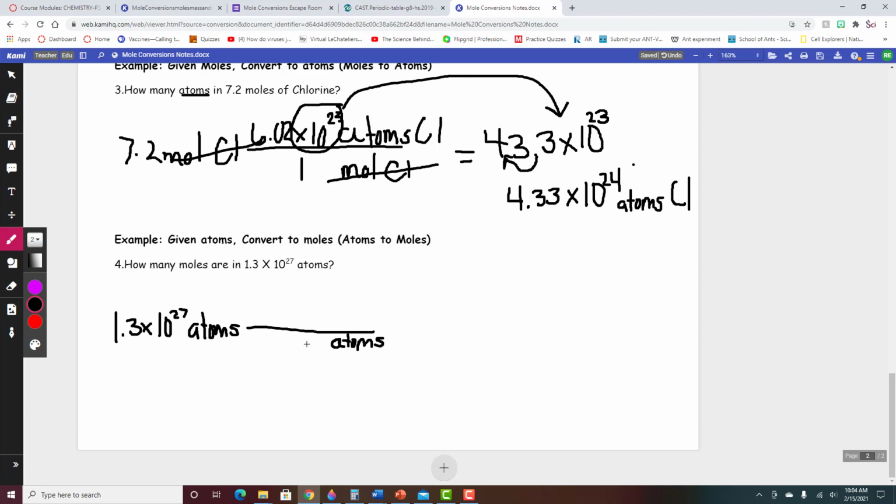So you don't need to look up the specific element, so don't worry about it if they didn't include that, but you're going from atoms to moles. And then mole, so atoms on the bottom, and then what they asked for is moles, and that goes on the top. And then wherever you have mole, you have 1, and atoms, you have 6.02 times 10 to the 23rd.